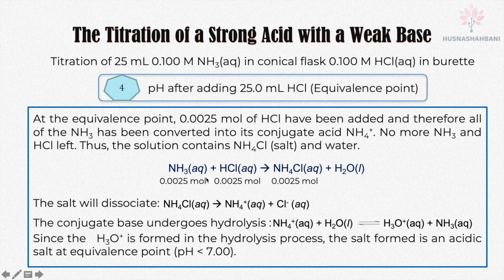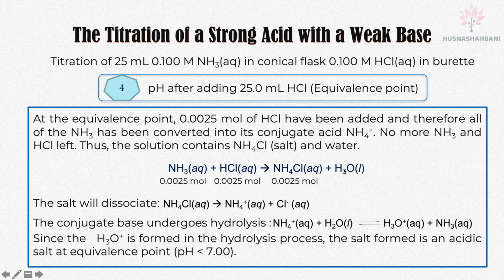So here, at equivalence point, there is no more NH3, no more HCl after the neutralization reaction, because that's what equivalence point is: all base reacts with all acid, no more acid or base in the conical flask, only NH4Cl and water, only the salt and water. We need to calculate the pH when there are only salt and water in the conical flask.